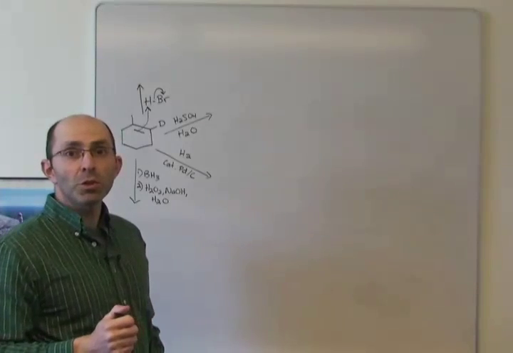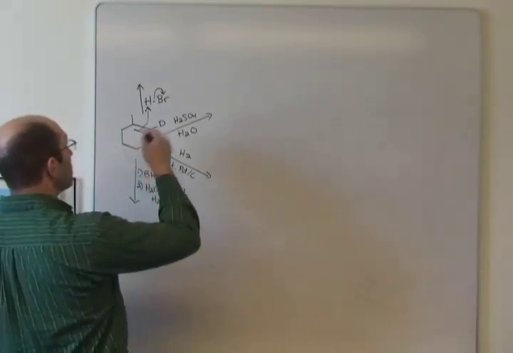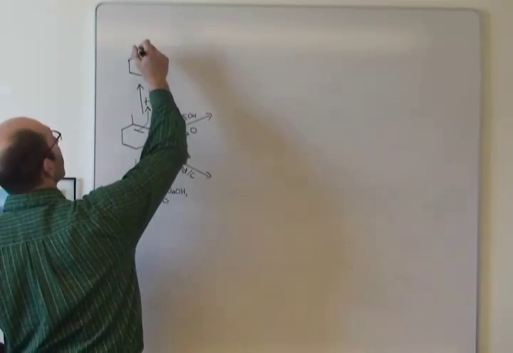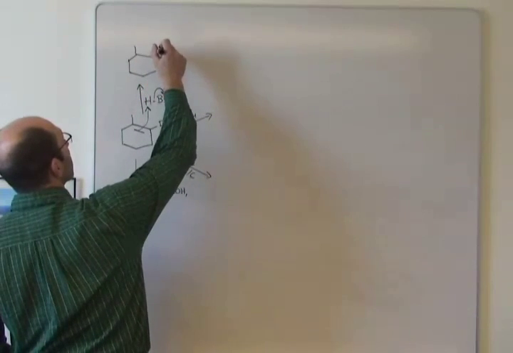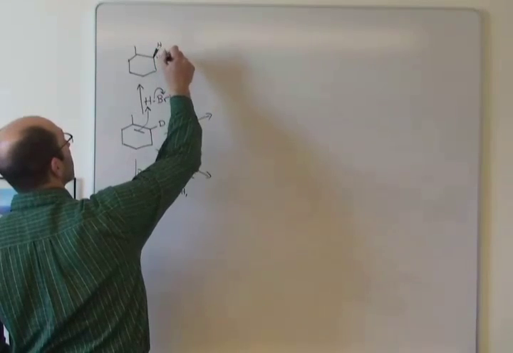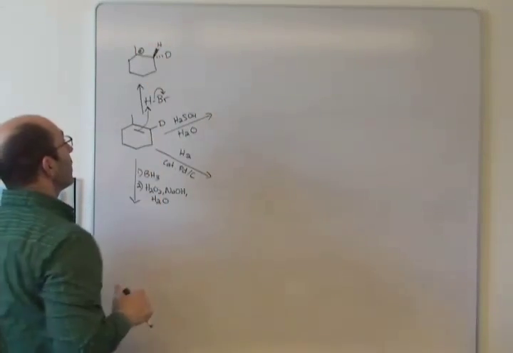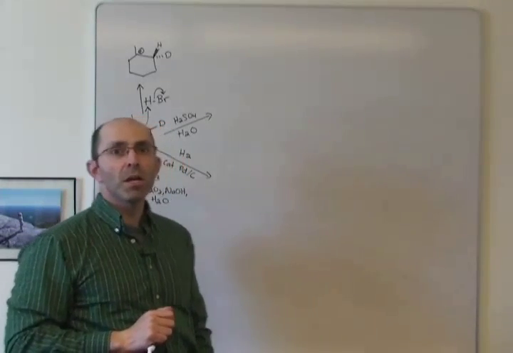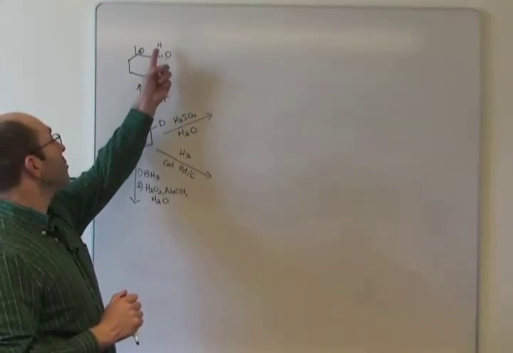We want to make the tertiary carbocation, so we're going to add it to where the deuterium is, right? So that we're going to end up with that carbocation.